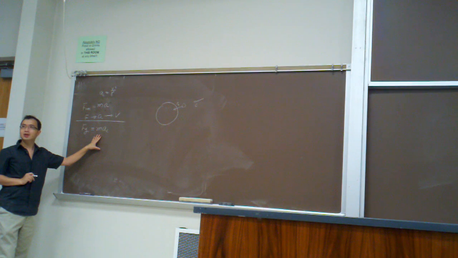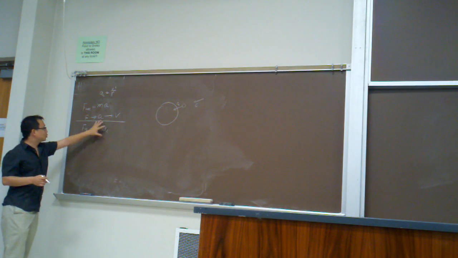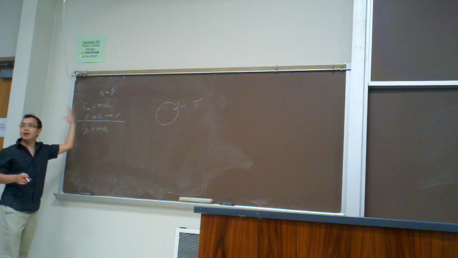Okay, any idea why I don't even give you the mass of the satellite? Mass of the satellite is 0? No, the mass of the satellite cannot be 0. If it were 0, then you wouldn't get any quantity. 0 multiplied by any quantity gives you 0.